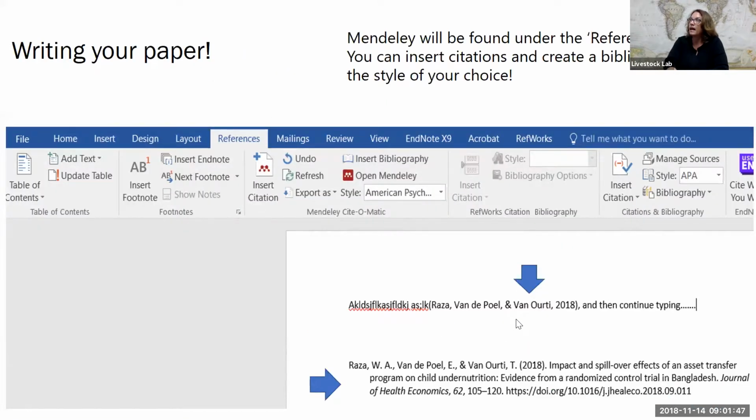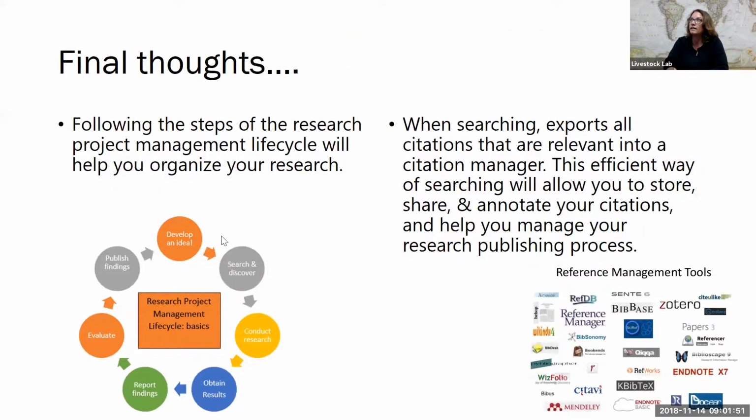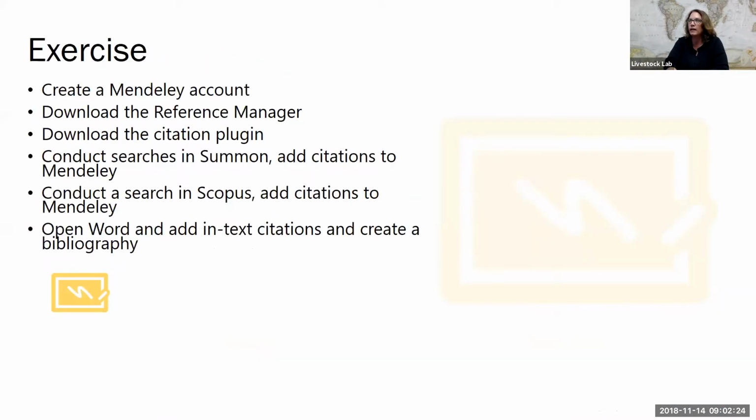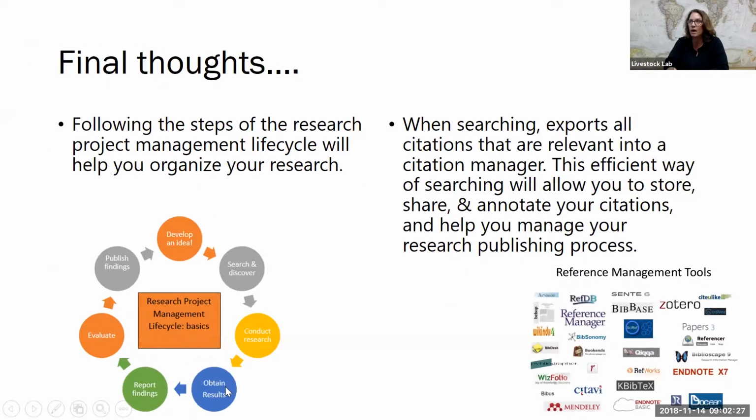This is as easy as it seems. And for the final thoughts, again, following the steps of the research project management lifecycle will help you understand and get a grasp on how to conduct good science, ethical research by developing an idea or searching and discovering and developing your idea, conducting your research using the Research for Life databases, importing the citations into Mendeley, obtaining your results, running your data, and also along the way, depending on how long of a research project, you're going to have to be updating your literature and your citations throughout this whole process.